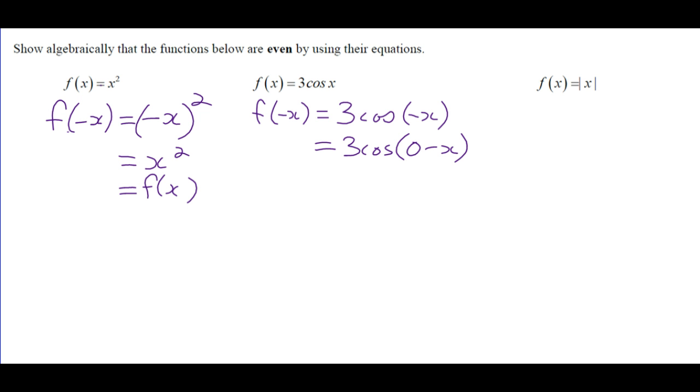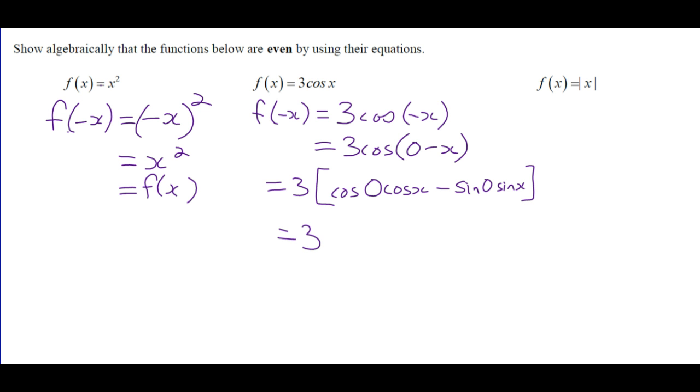Now we're doing a cosine of a minus b. So we look on our formula sheet: cos of a minus b is cos a cos b plus sine a sine b, off your formula sheet.